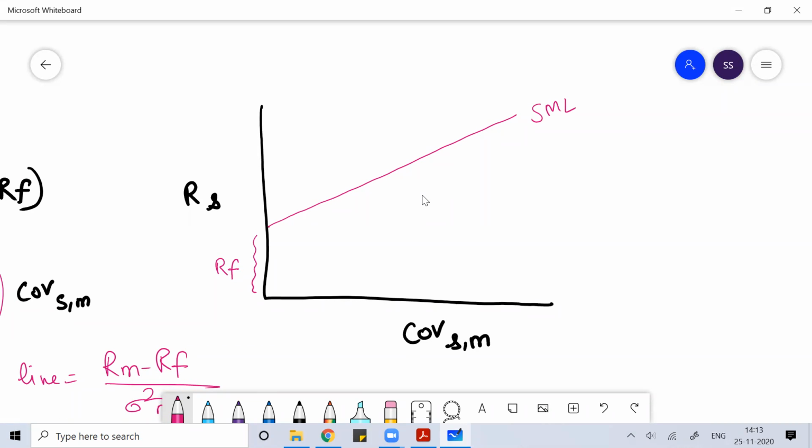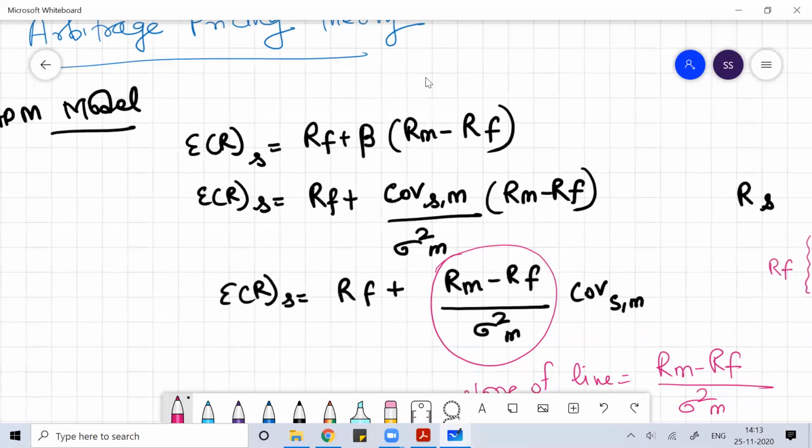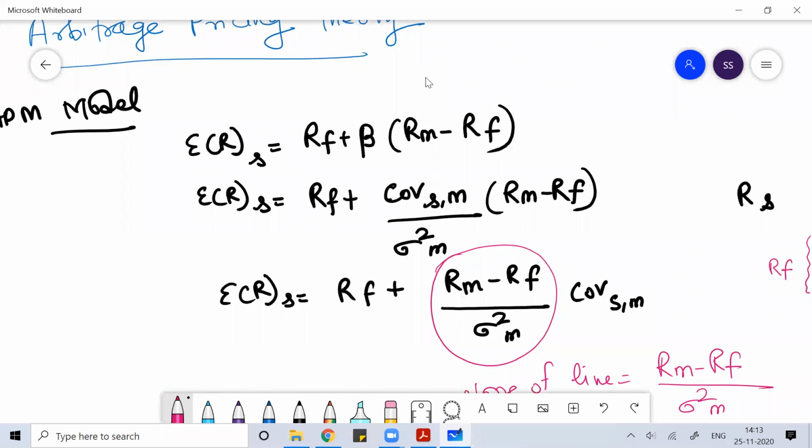In the exam, you will get a question where they ask what is SML, and how SML is different from CML, the capital market line. The security market line considers the efficient market hypothesis logic, where we can never beat the market.